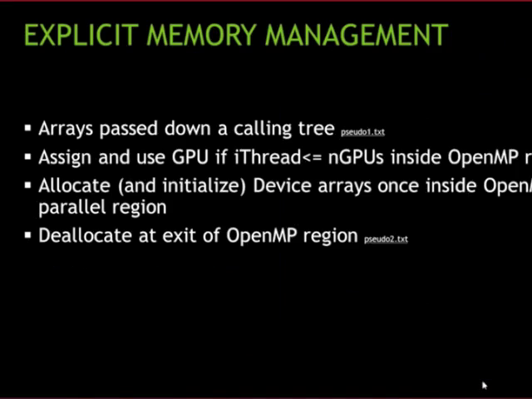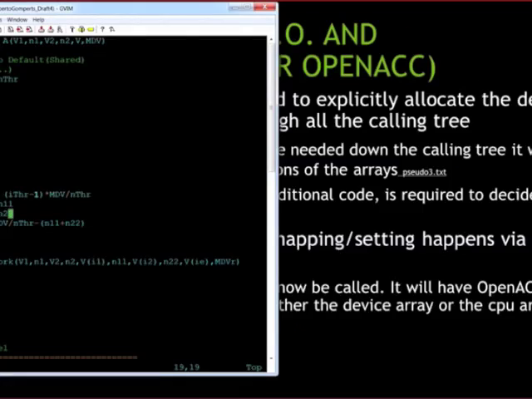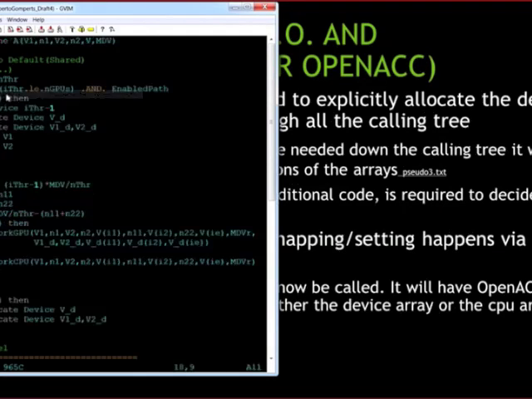It really becomes very messy when you start to look at how this would be implemented in, for example, CUDA Fortran, before we had OpenACC. Things will start to look something like this. We need to separate the namespace, this v1_d, and then the whole calling tree underneath, work GPU and work CPU, would be practically the same, except you have to add these arguments. And this is, of course, very tedious and error-prone.